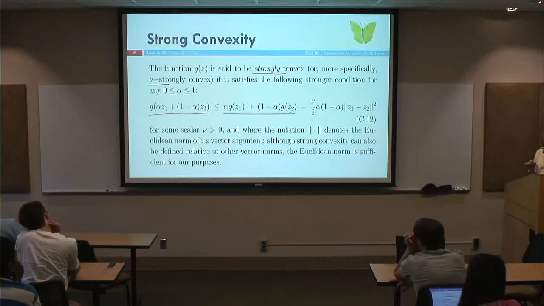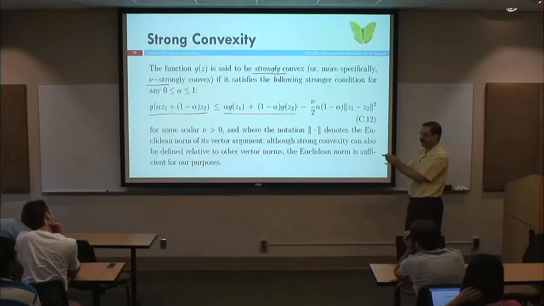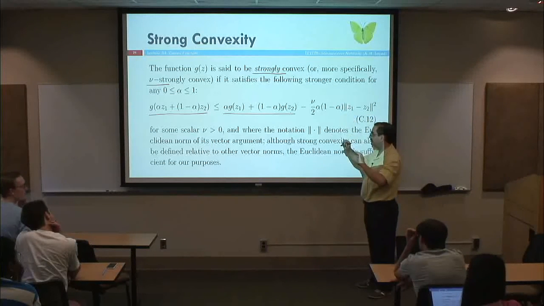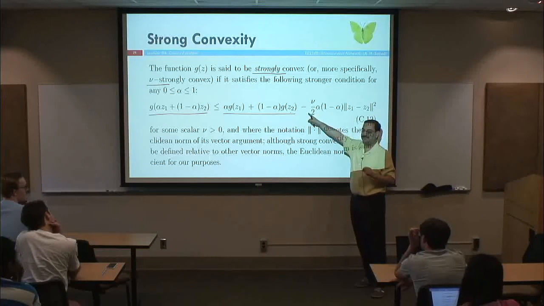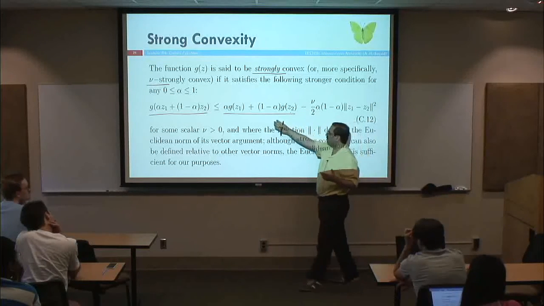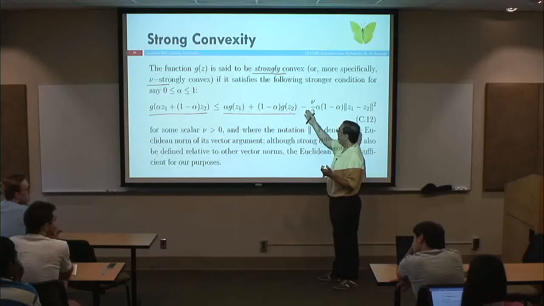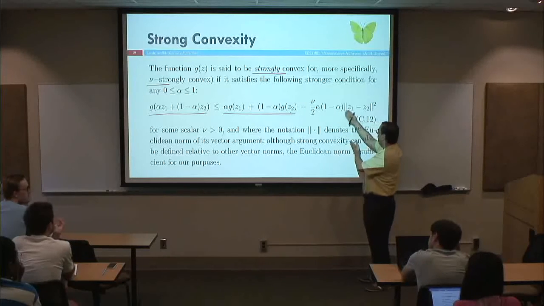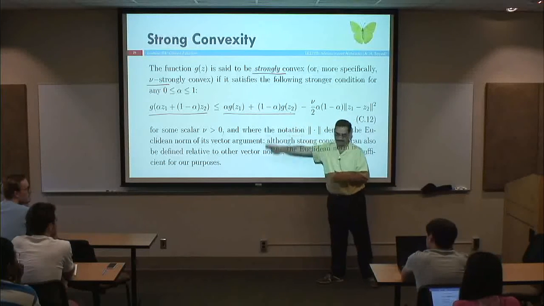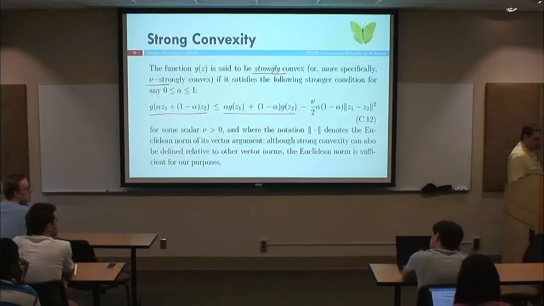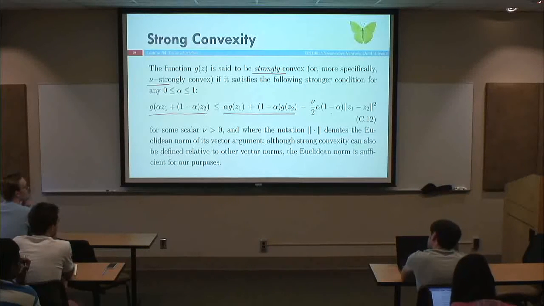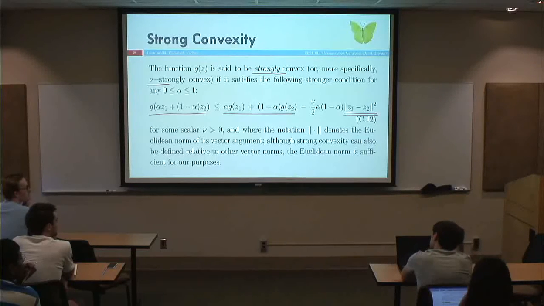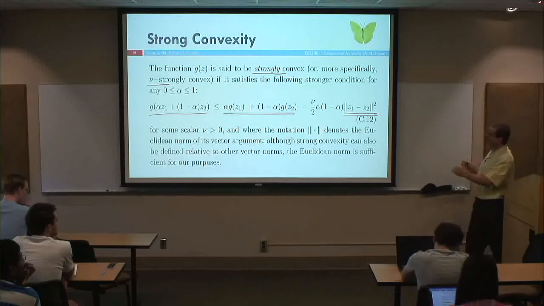The value of the function at a middle point has to be below the segment connecting the endpoints, with some margin. That's essentially that you will be lower than this by some margin that depends on that parameter nu. So you have some margin below this. This is called strong convexity. And the margin is quadratic, depends on the difference squared. So now this is the definition of strong convexity.